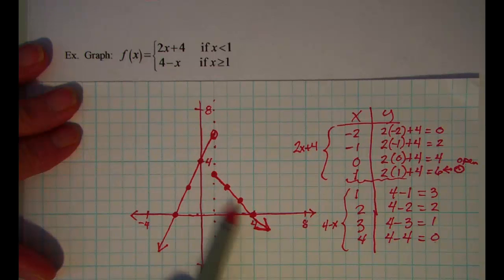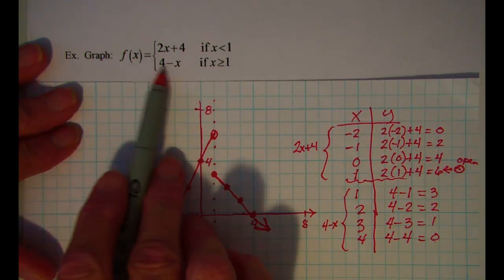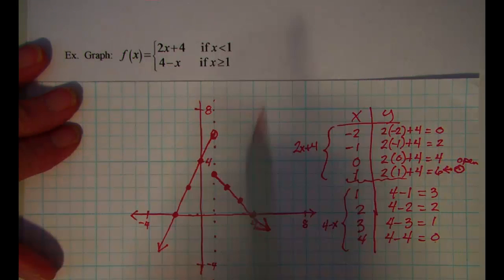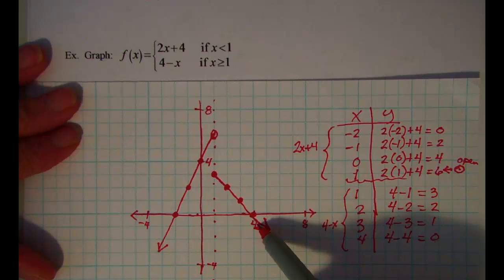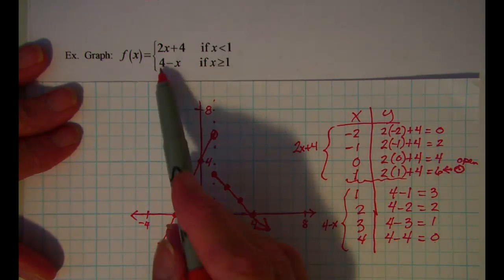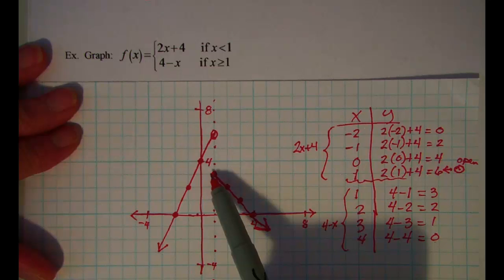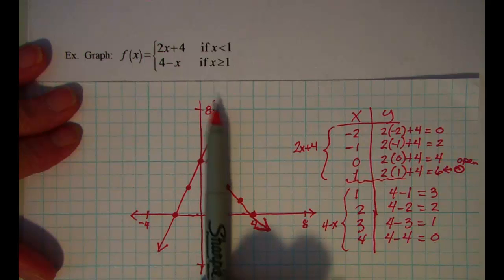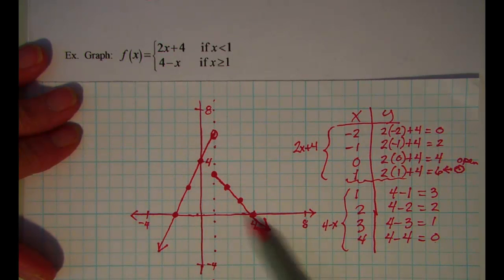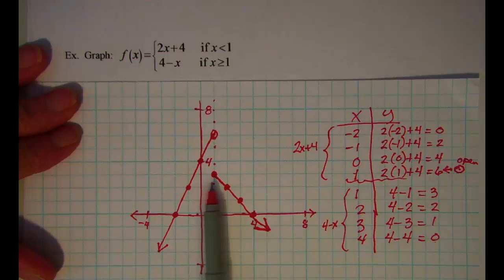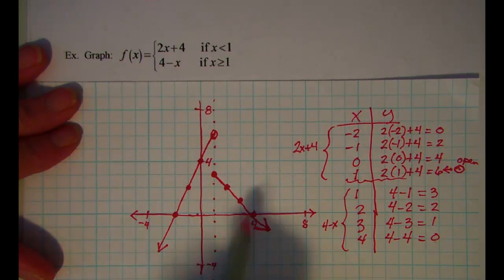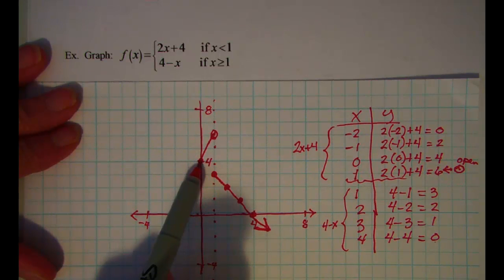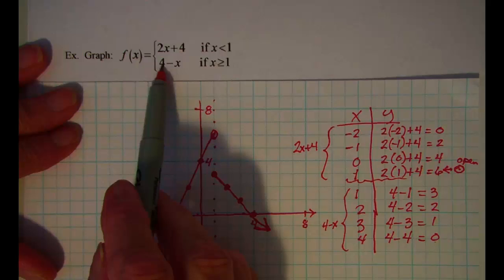And you can check yourself again on this one. The rule here, the slope, the m value is -1, which holds true on our graph. And the y-intercept, now I can't actually come up and cross the y-axis because I'm stopped at this barrier. I can't use this bottom rule for anything less than x equal 1. But I can imagine that if this line were to continue up, yes, it would cross at 4, which is my y-intercept.